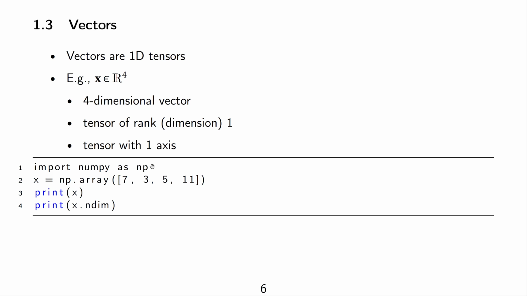Then we define a vector as an array of numbers, and the entries of the vector are 7, 3, 5, 11. In the next line, we print out this vector, and then we ask for its dimension. All right, let's look at that in Python.